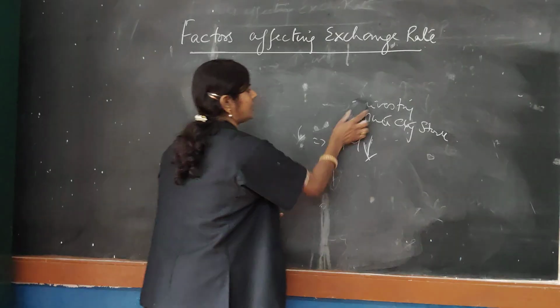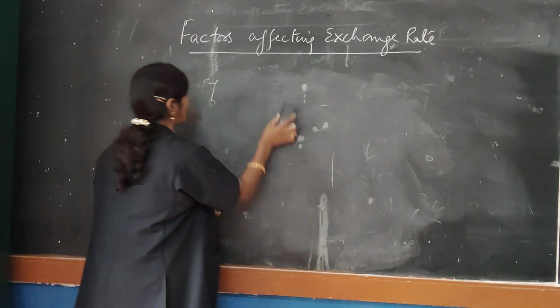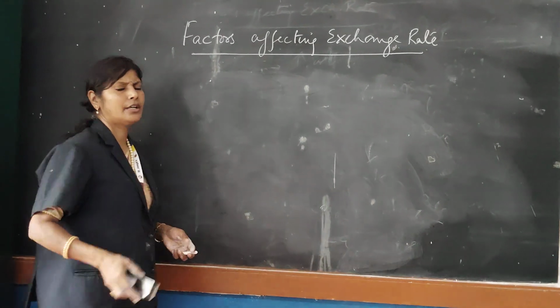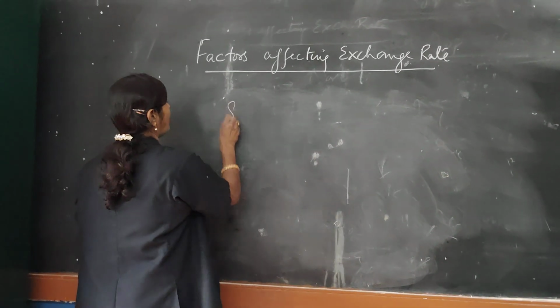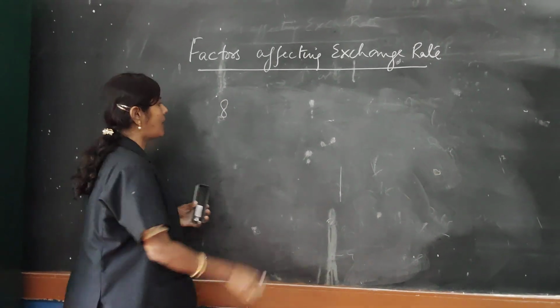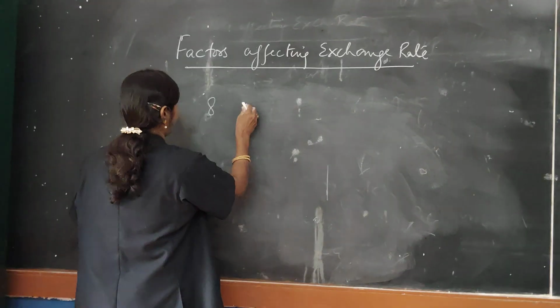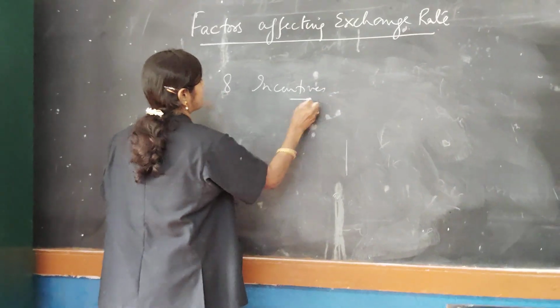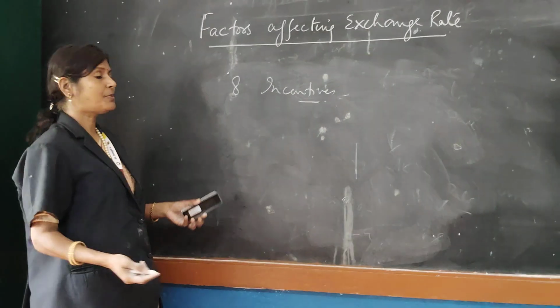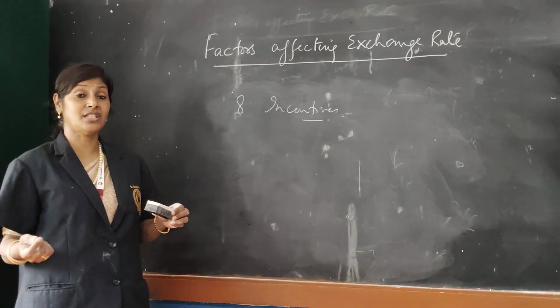So the next one that we can talk about regarding the exchange rate in international trade business is the 8th point, which talks about incentives. There is a difference between subsidy and incentives.